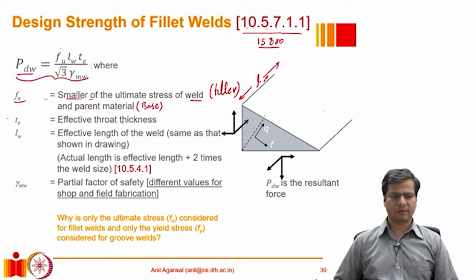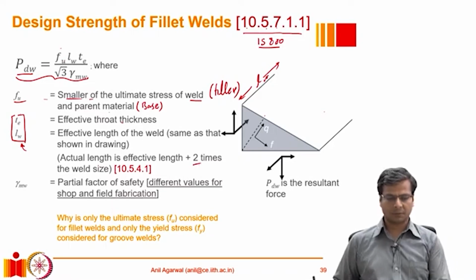So when we multiply t_e and L_w, we are calculating the critical cross-section area. The actual weld length will be slightly higher than the L_w value, but as an engineer, we need not worry about the actual length. Whatever we calculate in our design calculations is what we will specify in the drawings, and the welders themselves will increase the length.